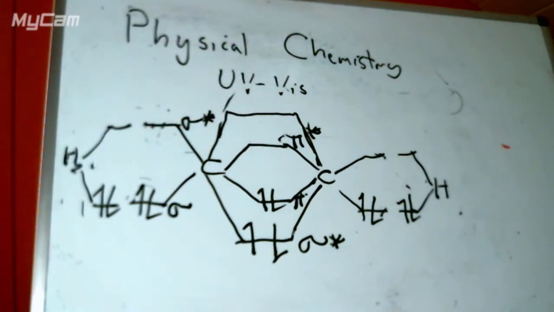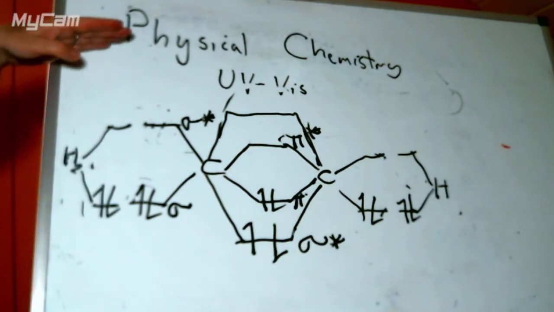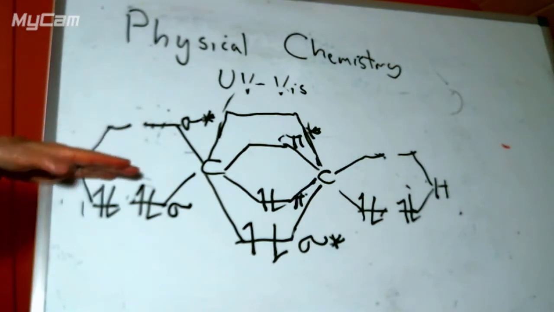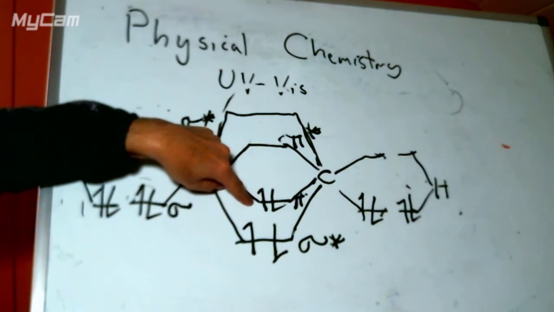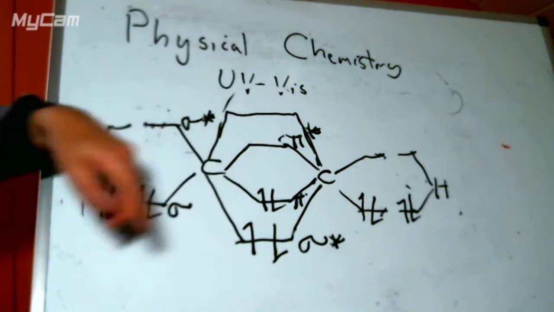What I wanted to define was the thing that is most interesting from molecular orbitals, which is the highest occupied molecular orbital, or the HOMO, which if we come down and down and down till we hit an electron, is this one, the pi orbital of our double bond.